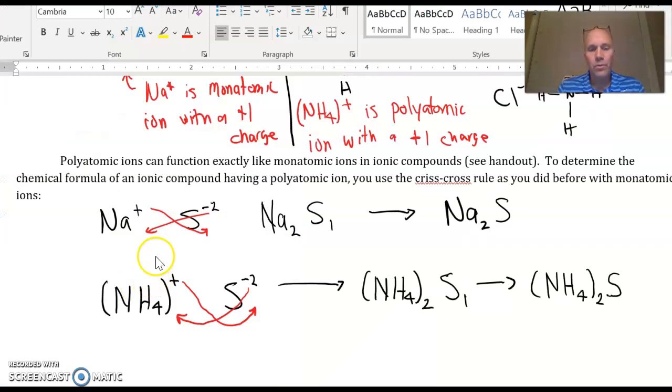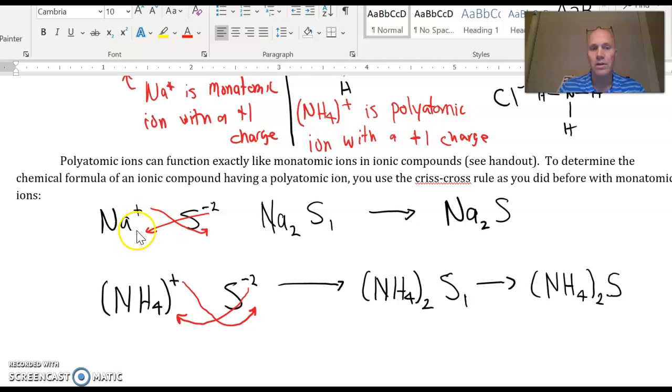So the way that we do formulas with compounds with polyatomic ions is very similar to the way that we do them with monatomic ions. If you recall, when we have monatomic ions, what you do is what's called the crisscross rule or the drop and swap procedure, where you write down the ions with their charges side by side, ignore the signs, and crisscross the numbers.